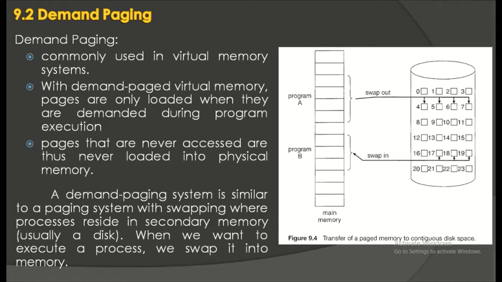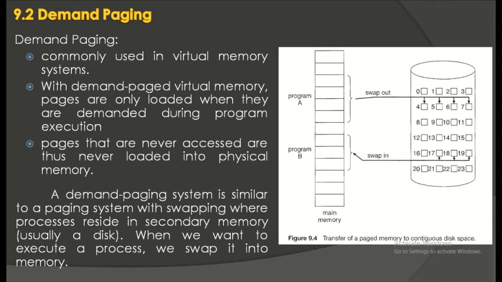Use of the term swapper is technically incorrect. A swapper manipulates entire processes, whereas a pager is concerned with the individual pages of a process in connection with demand paging.